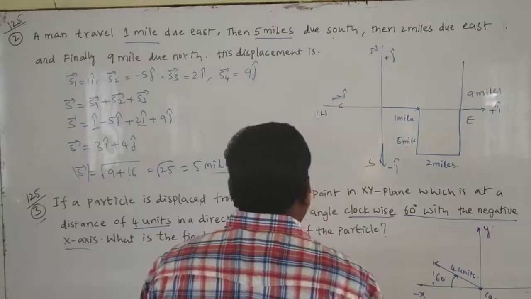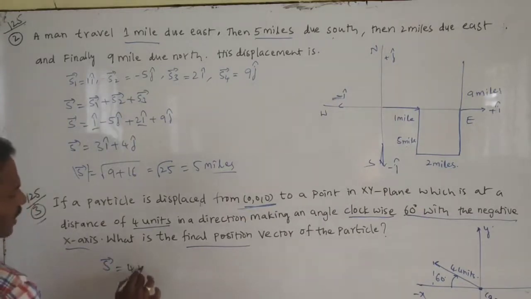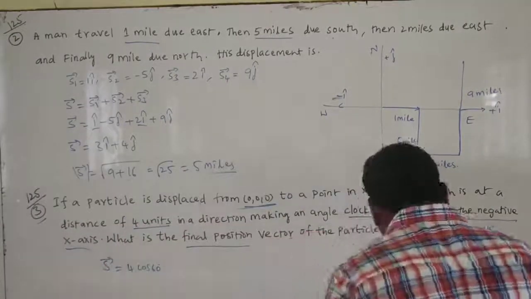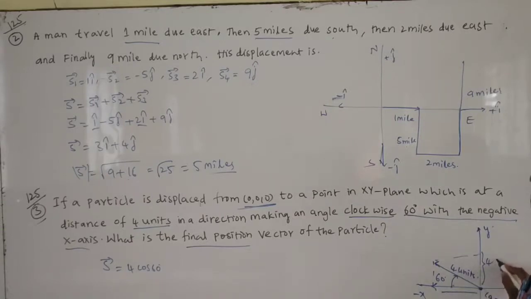So what is the final position of the vector? We can resolve it into two components. It makes an angle theta with the x-axis, so one component becomes cos theta and the remaining component becomes sin theta. This is 4 sin 60 and this is 4 cos 60. According to resolution of vector, it is plus j cap and minus i cap.